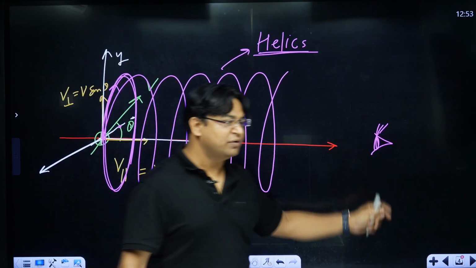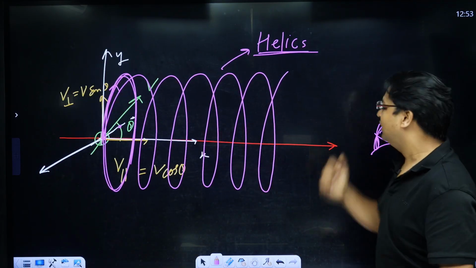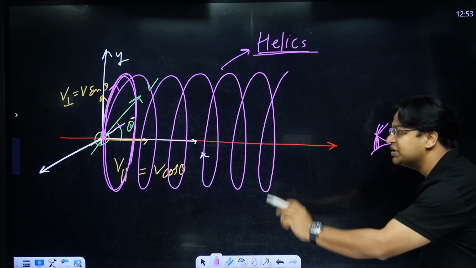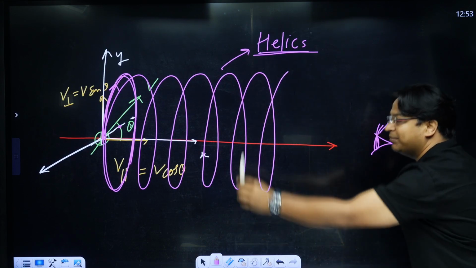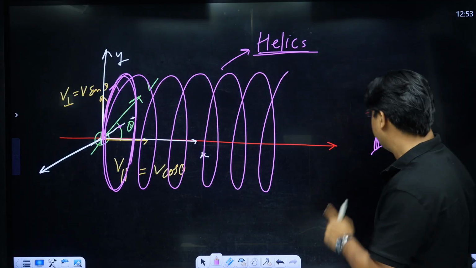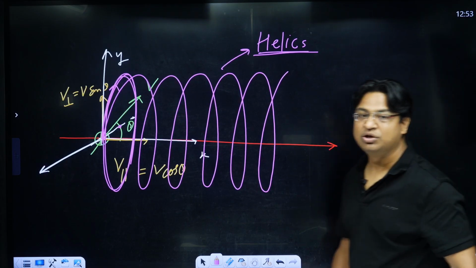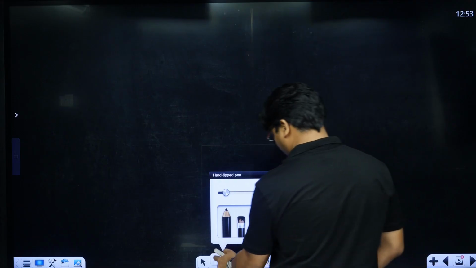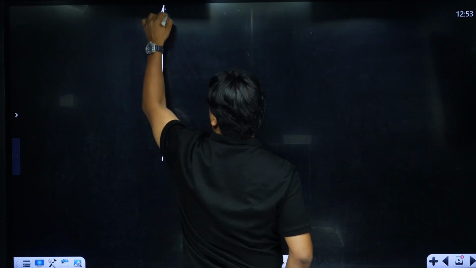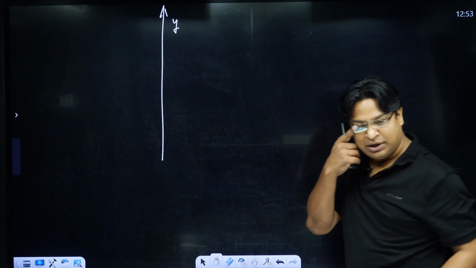If I am looking from here, which axis do you imagine I will see going upward? If your answer is the y-axis, then you are absolutely correct.